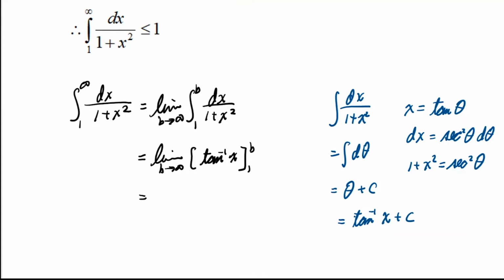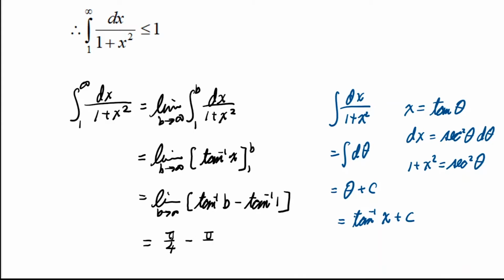Good? Then substitute, so we have the limit of b approaching infinity of inverse tangent of b minus inverse tangent of 1. Okay, we did this in problem 23, right? Inverse tangent of infinity is pi over 2, and inverse tangent of 1 is pi over 4, so we get pi over 4.